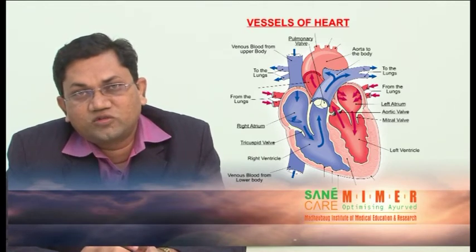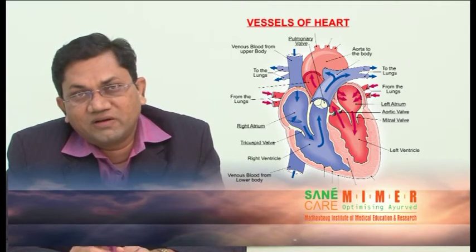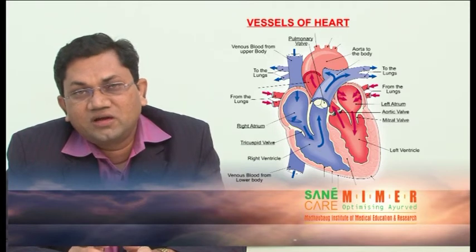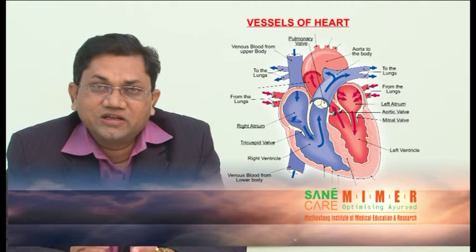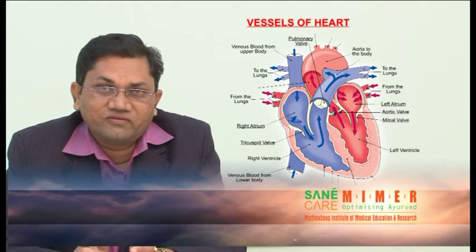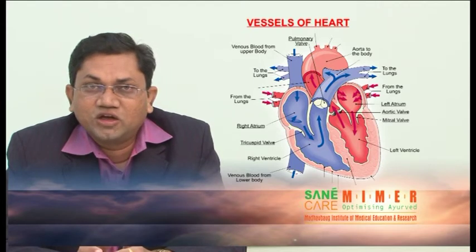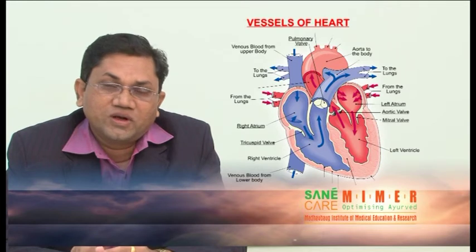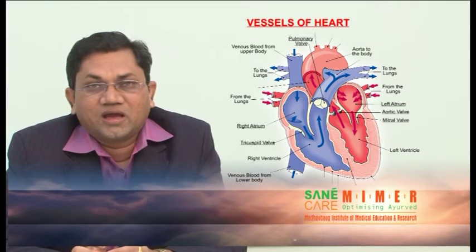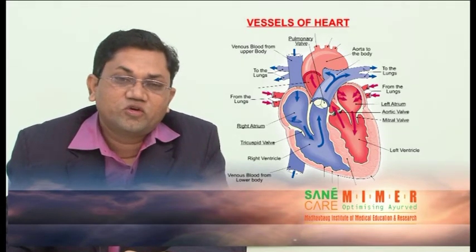Again it is collected through the four pulmonary veins into the left atrium, and this blood from the left atrium enters the left ventricle through the bicuspid valve, and then gets ejected out of the left ventricle through the aorta and given to the rest of the body as nutrients through blood. So this is about the circulation of the heart.